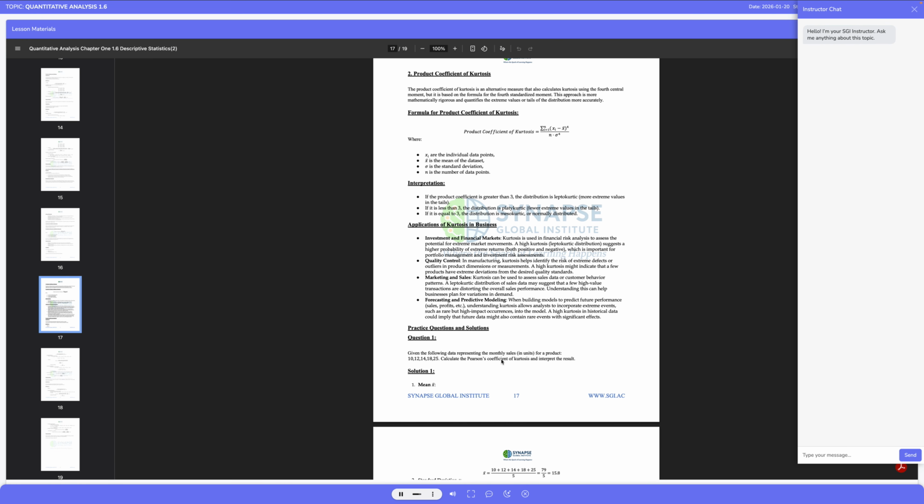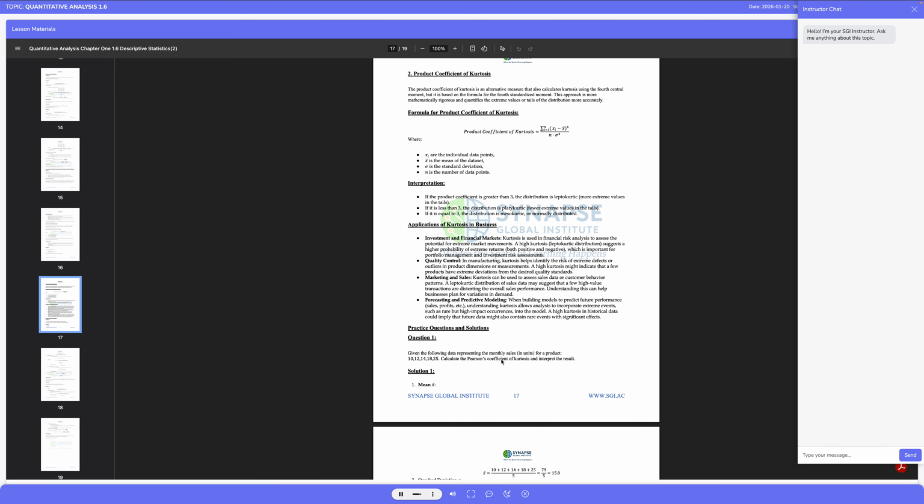In marketing and sales analysis, kurtosis can reveal whether revenue is driven by a few unusually large transactions, or by more consistent, moderate sales. In forecasting and predictive modeling, understanding kurtosis helps analysts incorporate the possibility of rare but high-impact events into their models, improving the robustness of business decisions.